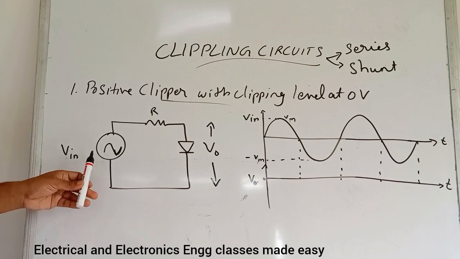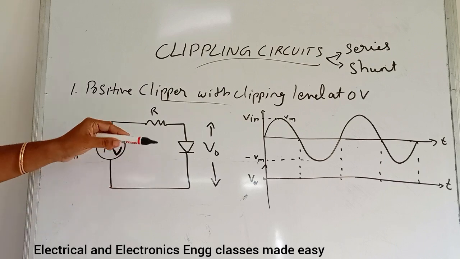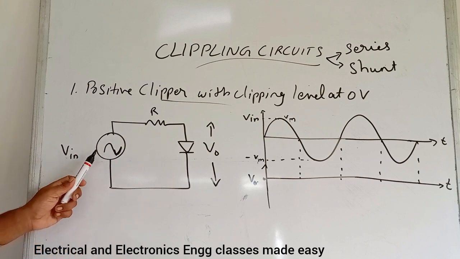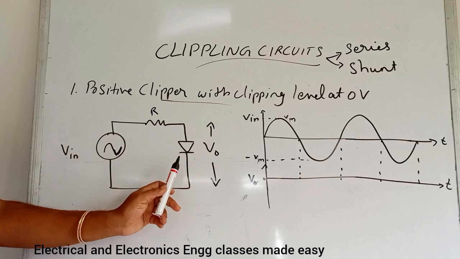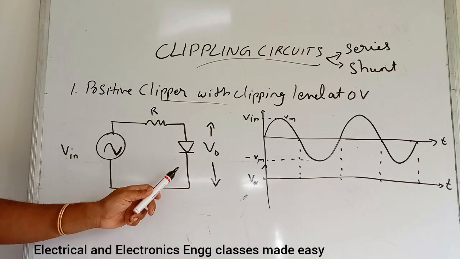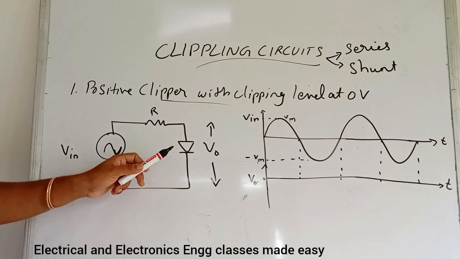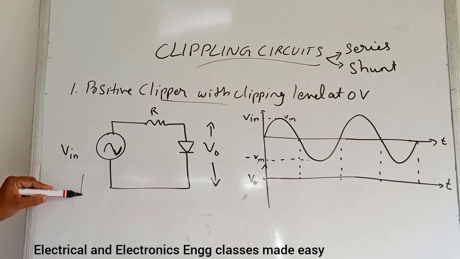That is, this is the input waveform. During the positive half cycle, the diode is in forward biased condition. That is, the diode acts as a switch or closed circuit.